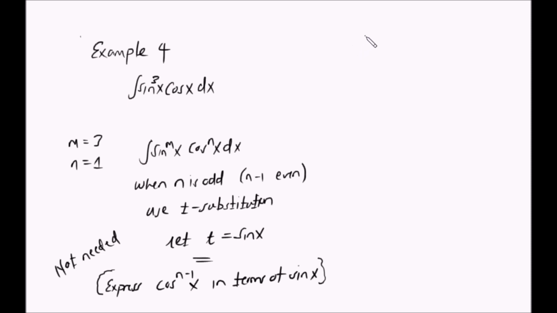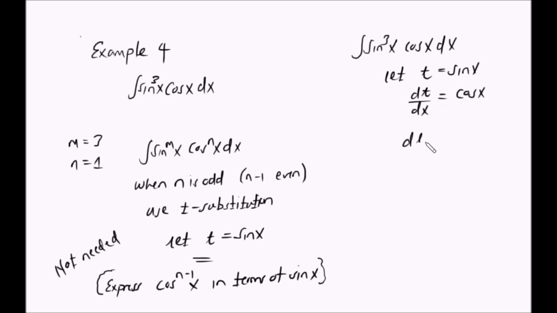So this one now, sin cube x cos x dx, to solve it we're only going to let t be equal to sin of x. So you can see dt dx will be equal to cos of x. So our dt now is just going to be equal to cos of x dx.